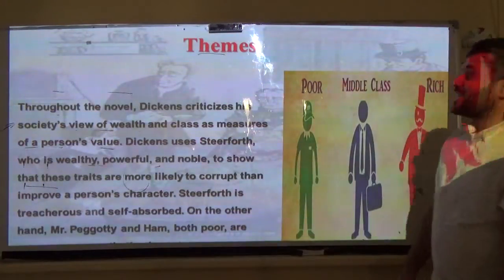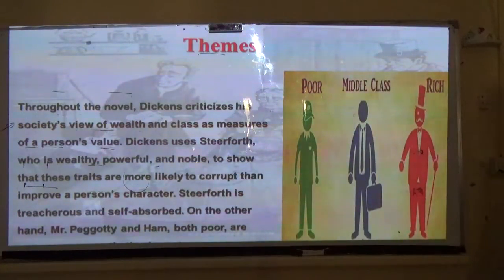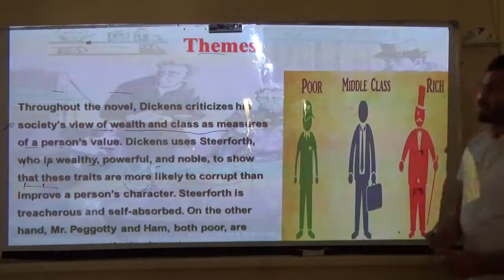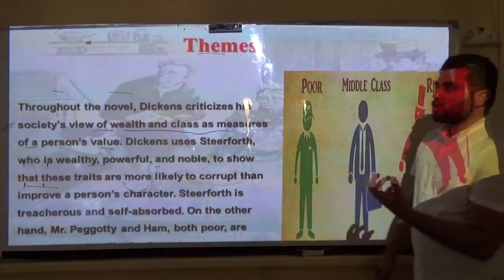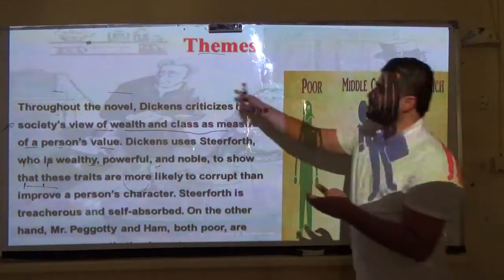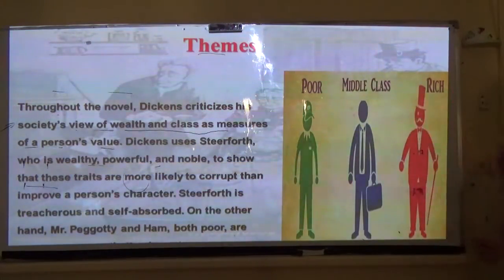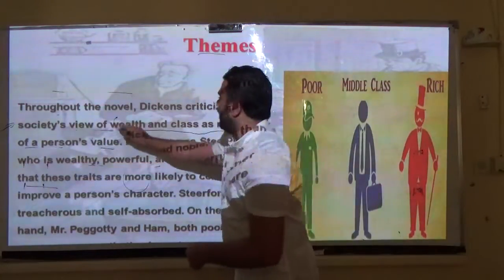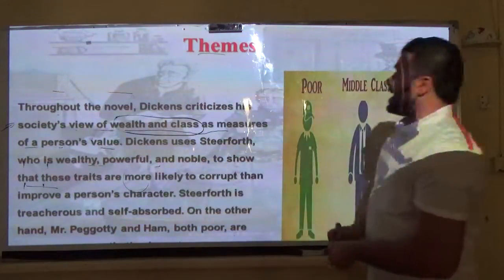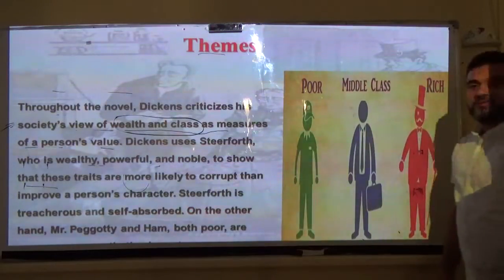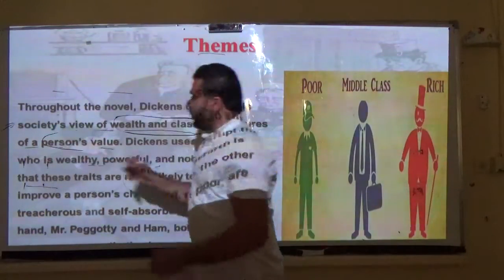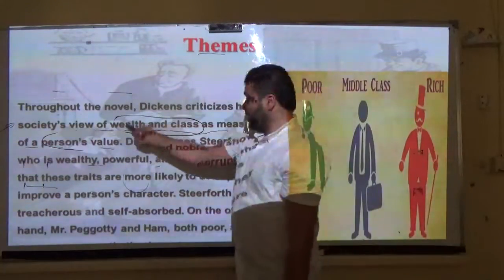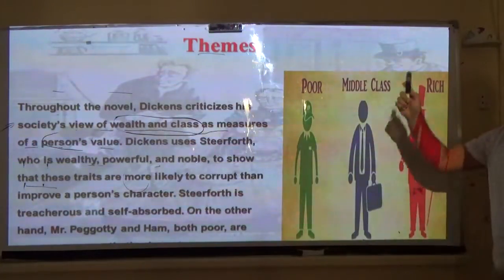Throughout the novel, Dickens criticizes his society's view of wealth and class. So he criticized the society's view of wealth and class as measures of a person's value. If we want to give value to a person, he must have wealth or be in the upper class.